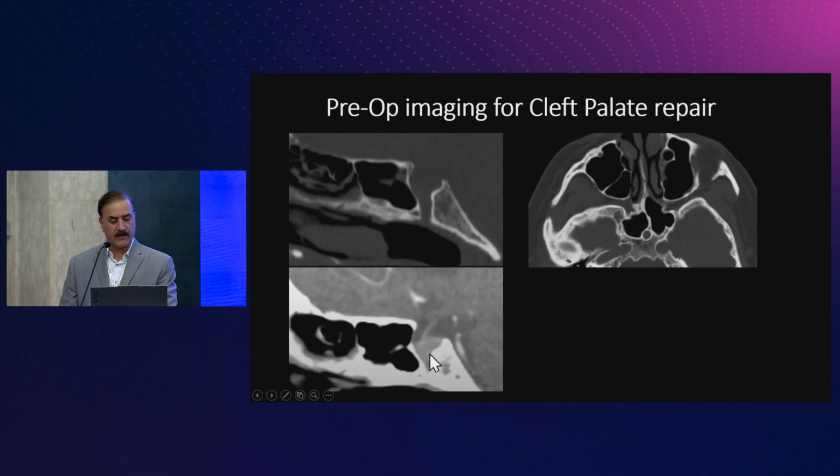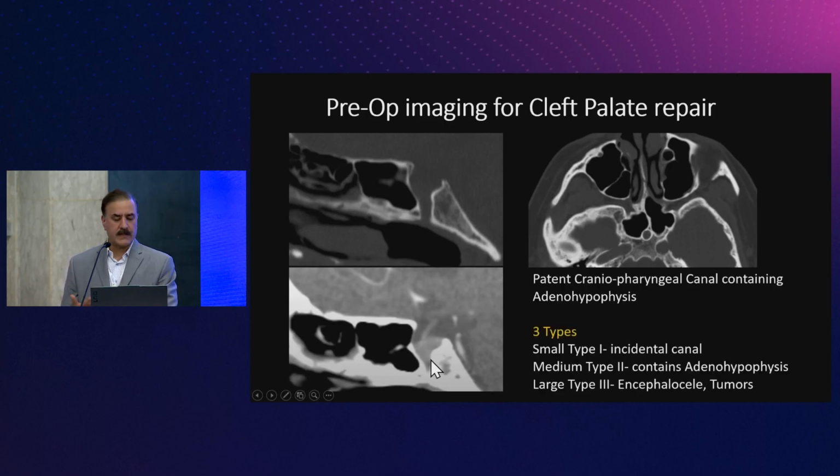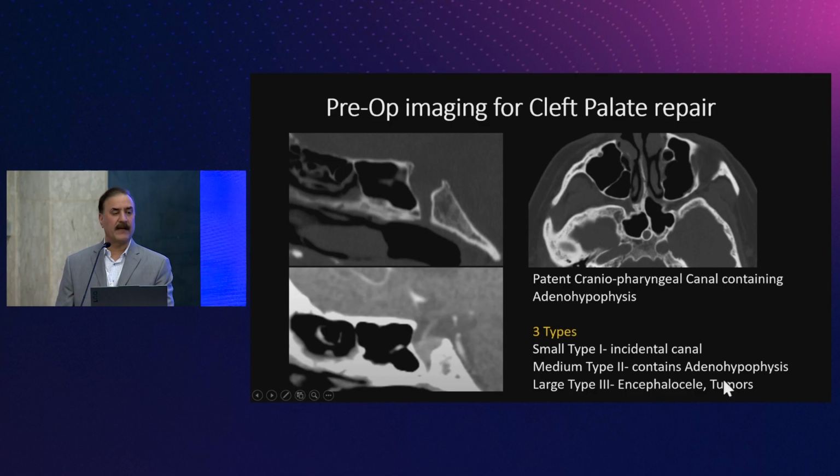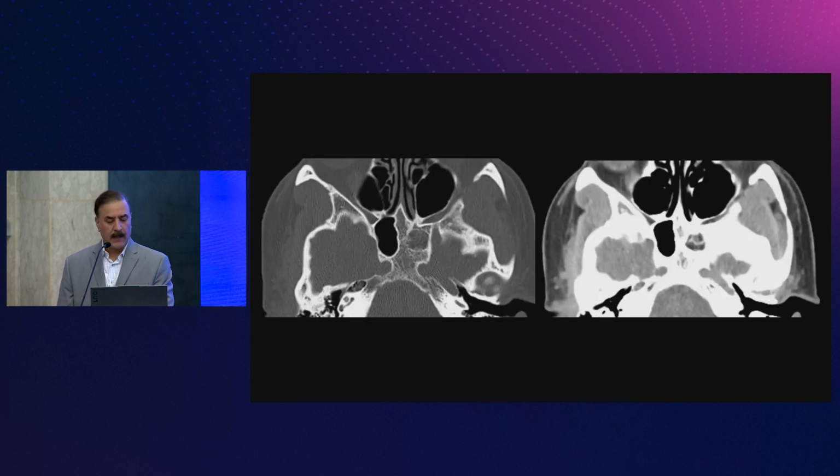And once you give contrast, you see the pituitary gland is kind of herniating down into the canal. So this is a patent craniopharyngeal canal, which contains the adenohypophysis. They can be of 3 types: incidental type 1, type 2 is what you're looking at, and type 3 can be even bigger and can actually have brain herniating and even tumors that herniate through it.